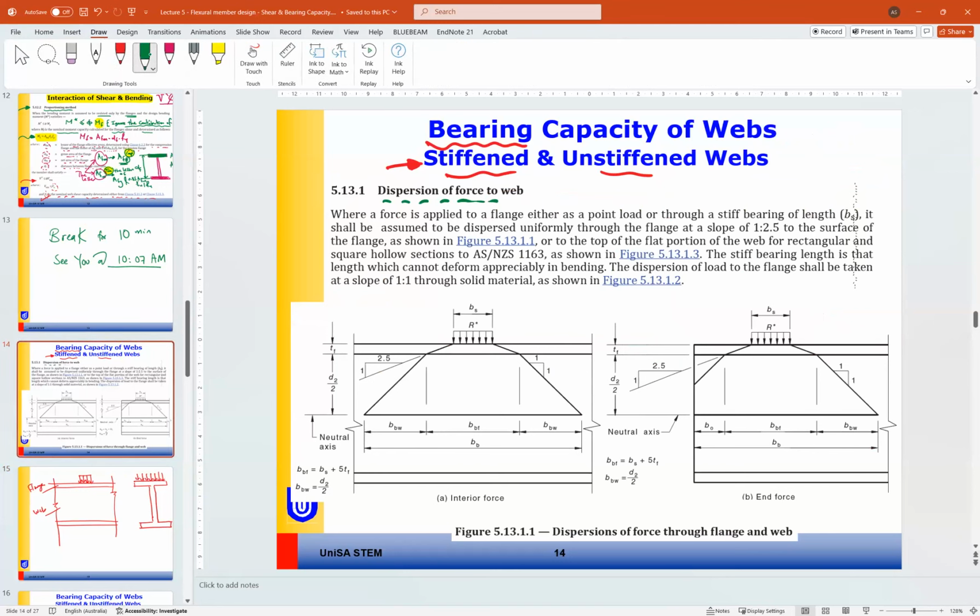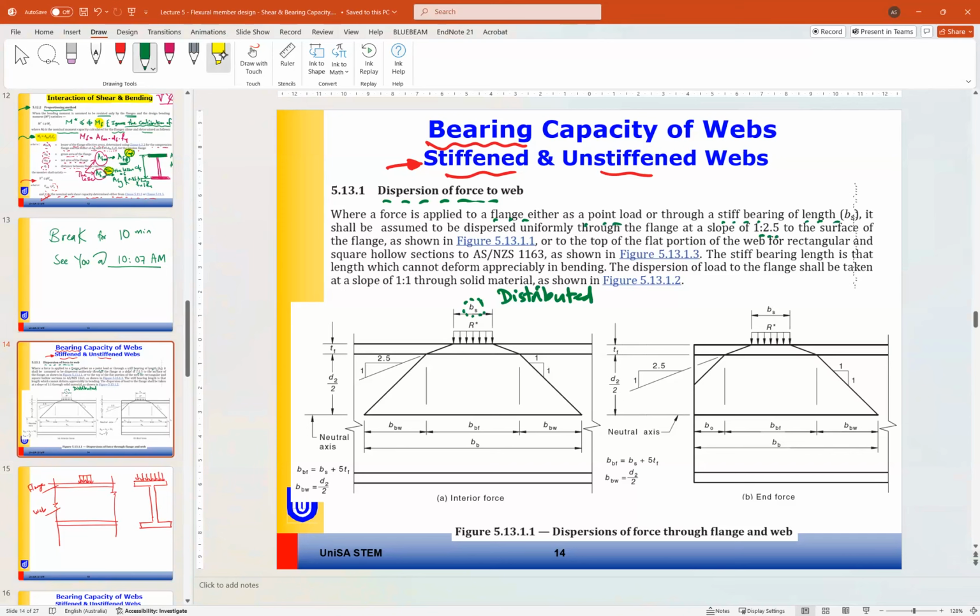So the standard gives us how the forces are dispersed to the web from the top flange. Where a force is applied to a flange, either as a buoyant load or through a stiff bearing length, BS, if the load is distributed over a bearing plate, it shall be assumed to be dispersed uniformly through the flange at a slope of 1 to 2.5.